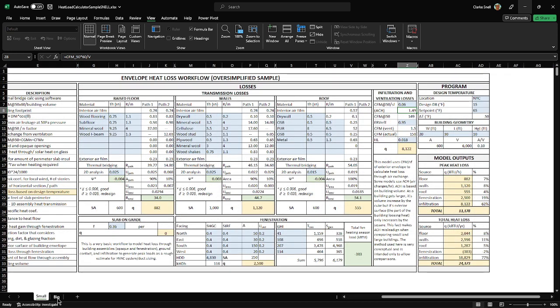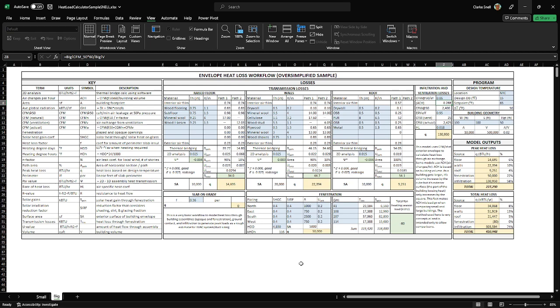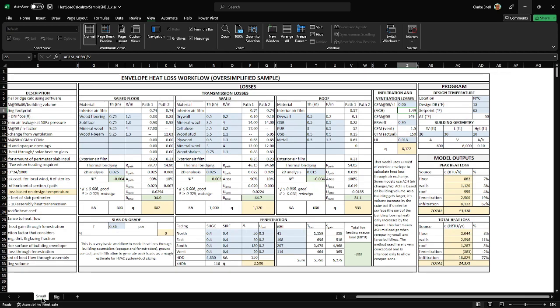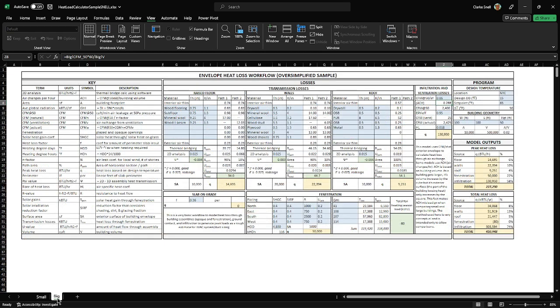So like here, I have a sheet named small and one named big, for the size of the building. And we could link across different files. So it's incredibly powerful. The simulations we're doing are behind them very complex spreadsheets like this. So it's good just to get a basic understanding of how it works.